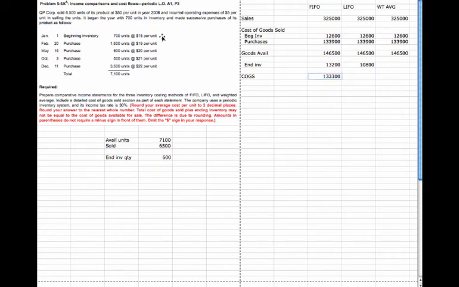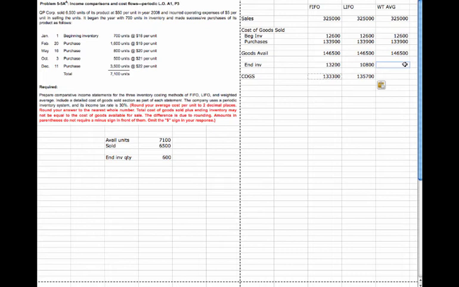Once again, if I use that same formula, subtracting my ending inventory from goods available, I'm going to get cost of goods sold of $135,700.